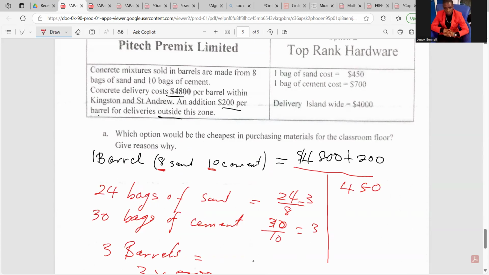So you have to buy 24 of these. So 24 times 450, and you have spent 10,800 on the sand. But bear in mind, you still need to purchase the cement, right? You still need to purchase the cement.